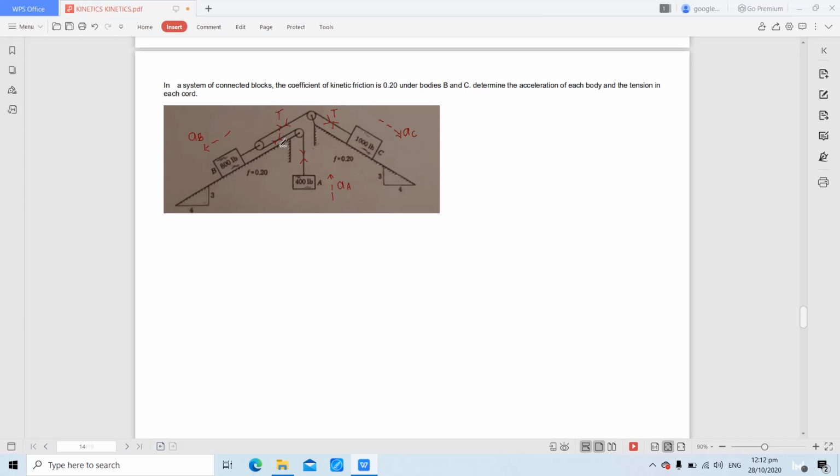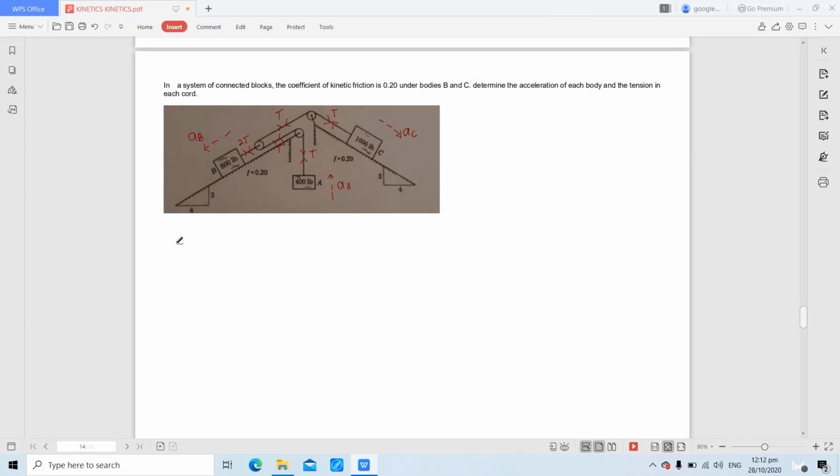Dahil frictionless and weightless yung pulleys natin. And then also this chord, connecting body B, meron din dyan tension na madidevelop. And for this pulley to be in equilibrium, meron tayong pataas sa tension T, pataas sa tension T dito. Therefore, para maging equilibrium, may hihila dyan pababa na twice the tension T.